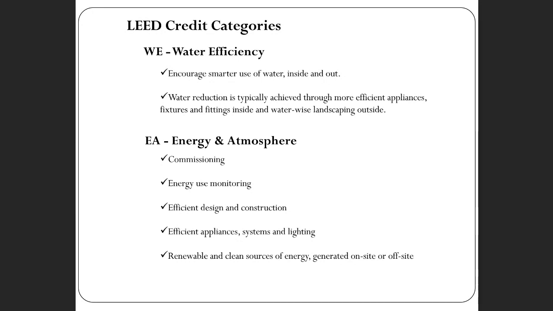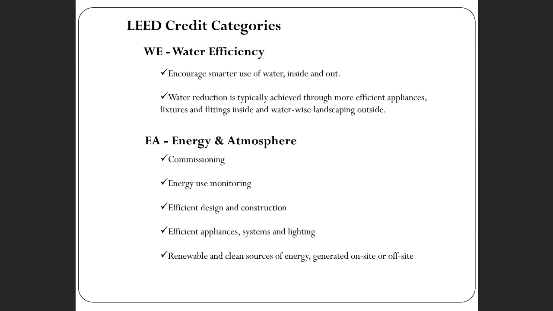EA, energy and atmosphere, right? I talked a lot about reducing CO2 emissions, so LEED EA, reducing the energy consumption of building, reducing the amount of CO2 that's emitted by the building. That's going to be a key component of all the rating systems. That's obviously efficient design and construction.